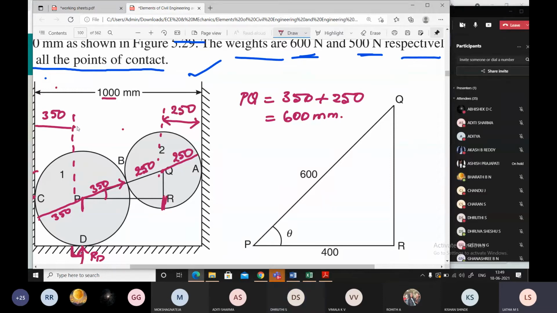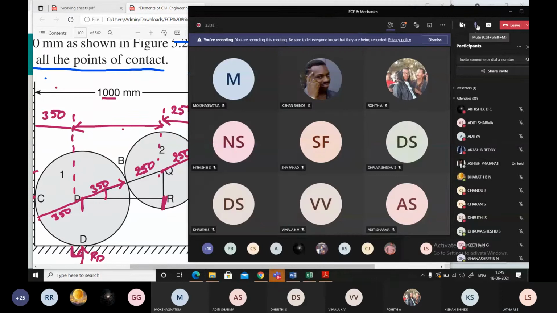So what is this leftover distance, which is equal to PR? You should write all these steps. PR is equal to 1000 minus 350 plus 250. How much do you get for PR? Please calculate. 400, ma'am.